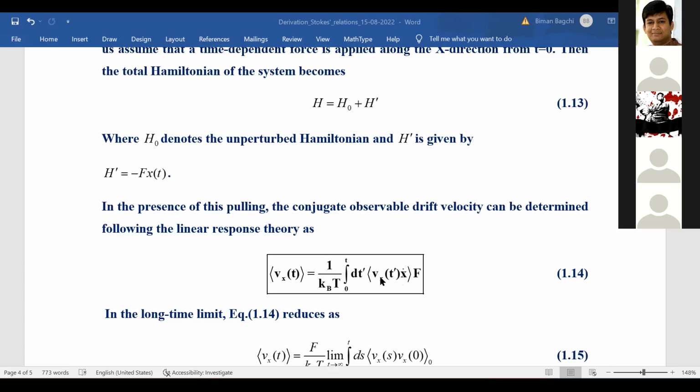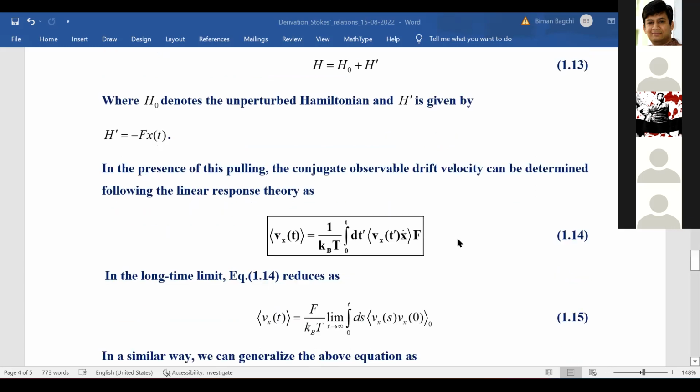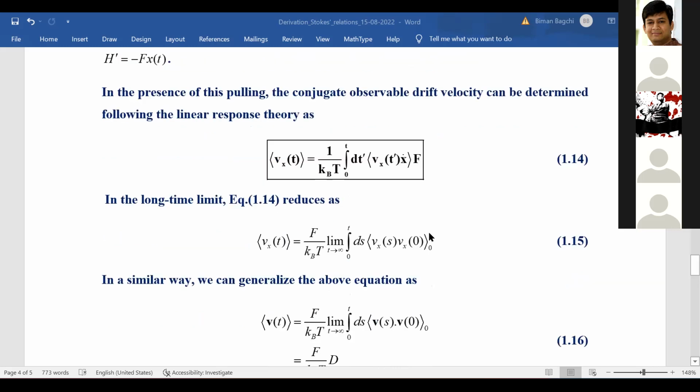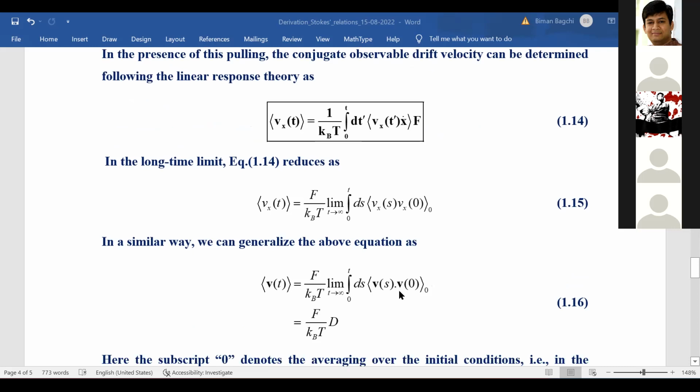So V of t is beta times the correlation of A dot with x dot, times F. Now I take the long time limit. This is V of t equals integral of V of t, V0, times F by kBT. Okay, now we can generalize the equation as F by kBT times the integral of V of t, V0.